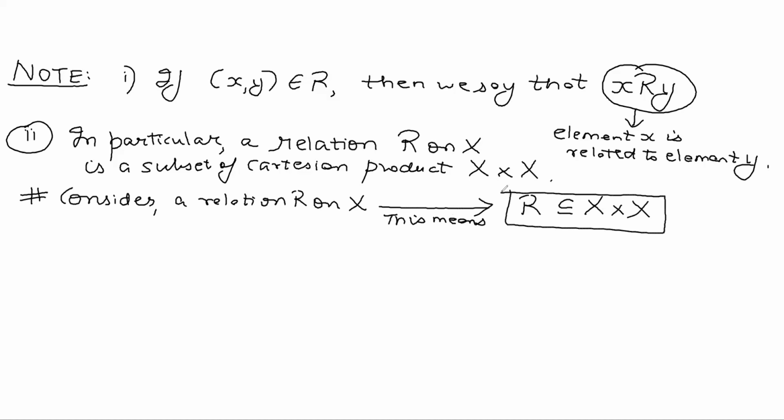So what I'm trying to do is, since all of you have now come to college, I am trying to make you comfortable with the mathematical symbols we will be using. So whenever I write in the question, consider a relation R on A, what will that mean? R is a subset of A cross A. Consider a relation R on Z, it means R is a subset of Z cross Z. So I hope all the students have understood this.